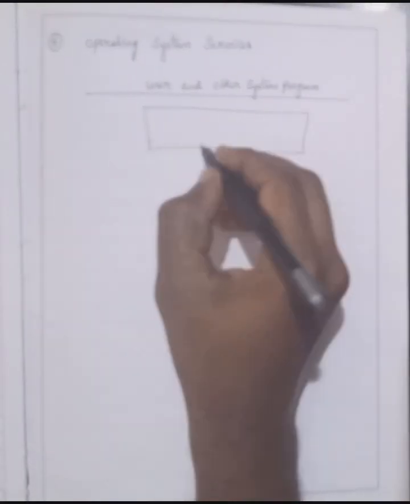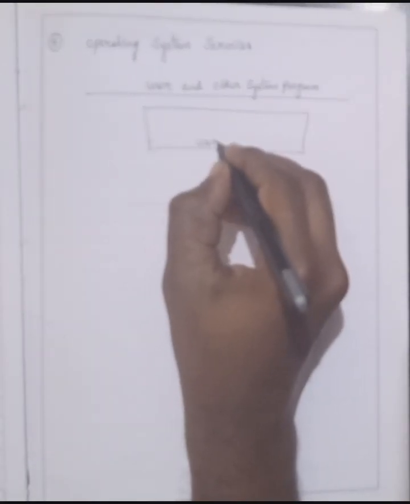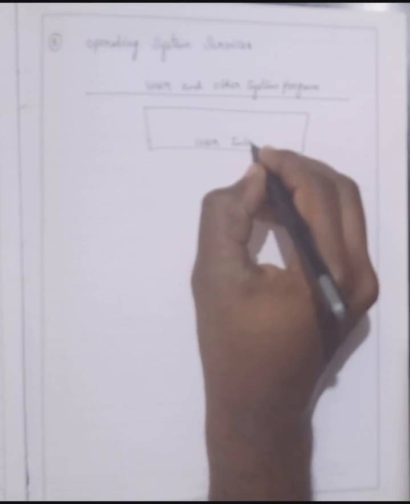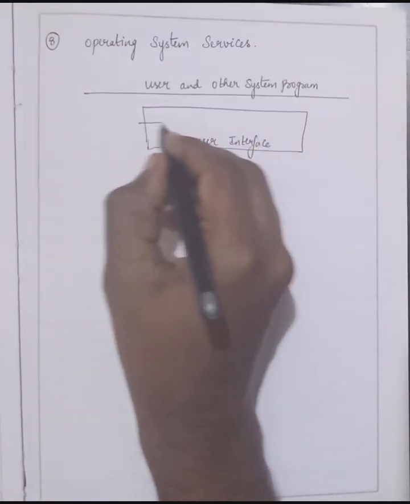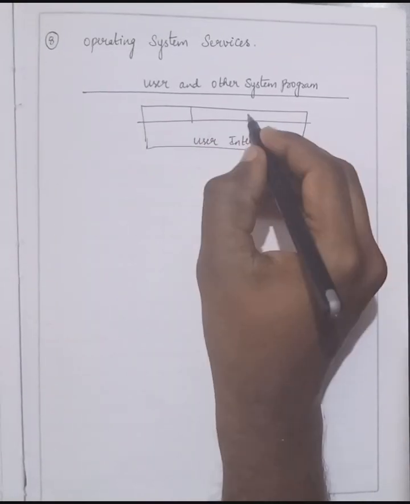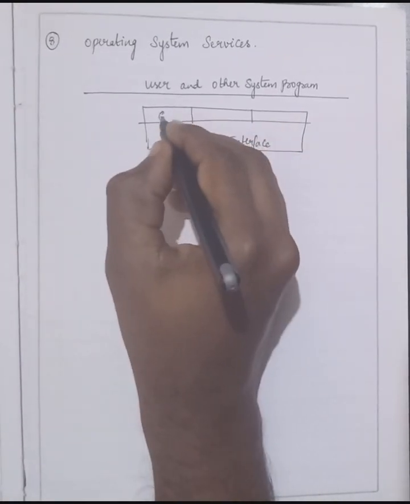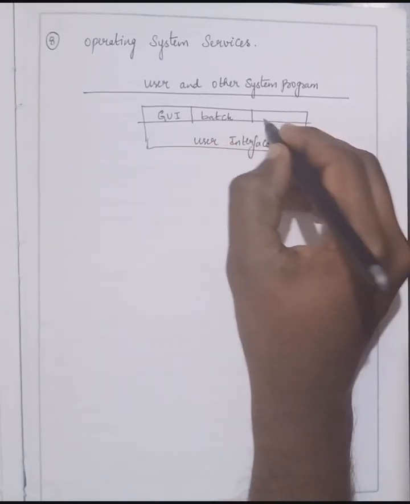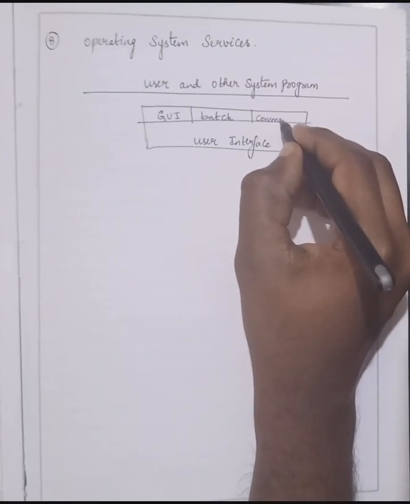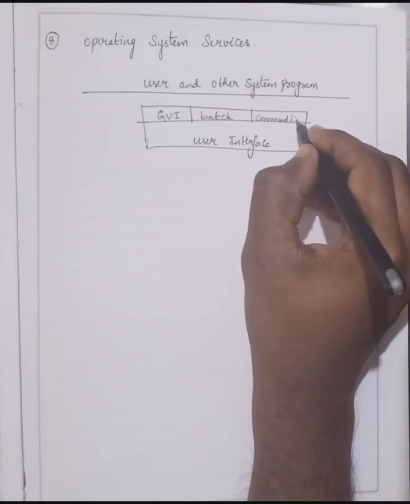The user interface does not always have to be a GUI; it can be a command or a batch taken from a file. So we'll have a GUI, a batch process, and a command line. This is the user interface.